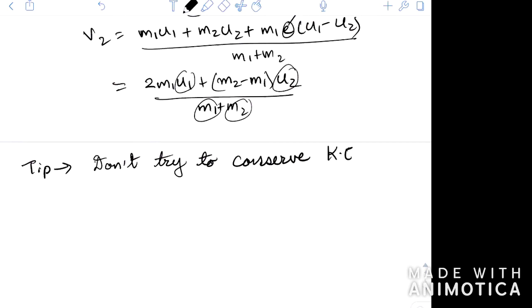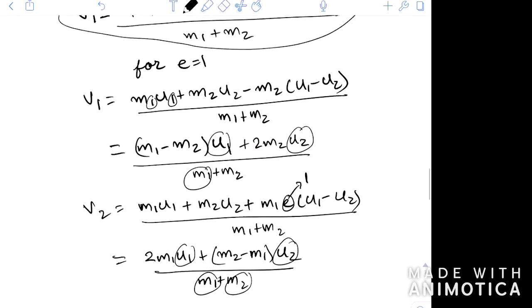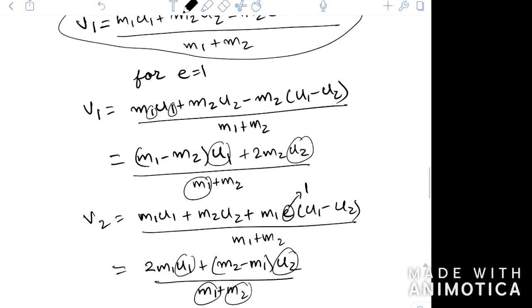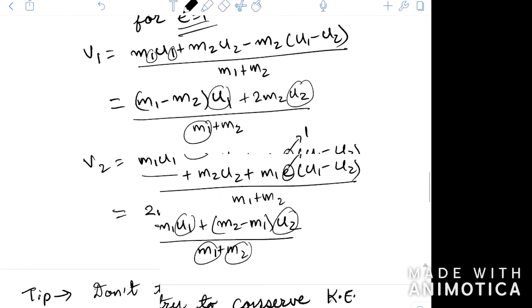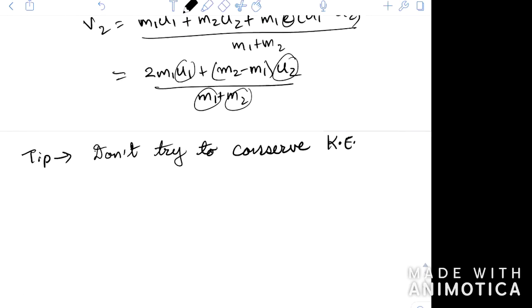That's not actually the definition of elastic collision. The definition of elastic collision is e equal to 1. So don't try to conserve kinetic energy, although in the head-on collision it will be conserved. Instead, just write e equal to 1, because writing conservation of kinetic energy gives a second degree, quadratic equation, half mv squared, so that v will be squared. But when you write e equal to 1, it will be a linear equation.